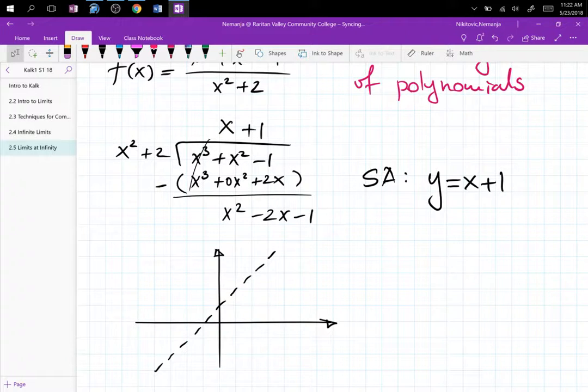X squared plus 2 set equal to 0 gives us complex values, and we do not consider complex values as asymptotes. So there will be no VA and no HA, because horizontal asymptotes and slant asymptotes are mutually exclusive. You can't have both at the same time. So for graphing this function, you only have this one asymptote to work with.